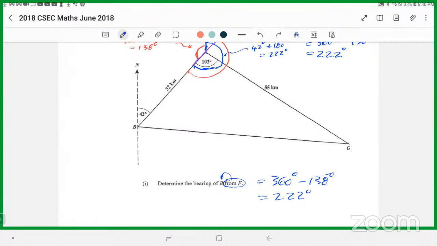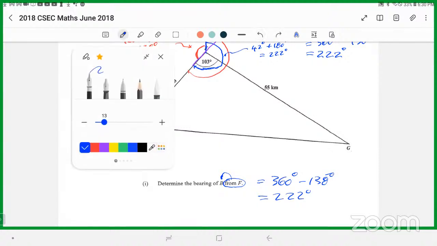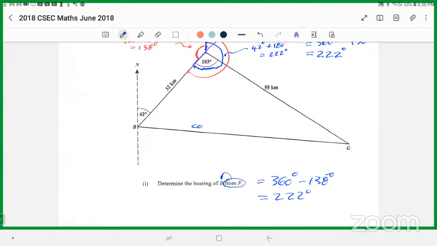Let's just write it on the diagram. The cosine rule will give us this side. BG is going to be the square root of this side squared plus this side squared, 32 squared plus 55 squared.